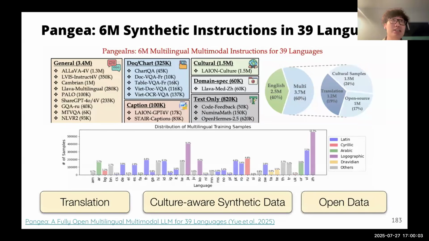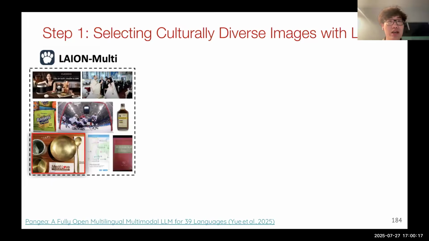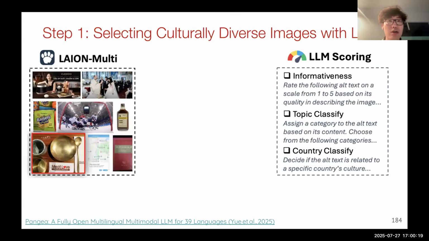Definitely, we can do translation. But in some cases, translation does not solve the cultural issues, where some images are very culturally specific. So in that paper, we tried to generate more culturally diverse images.